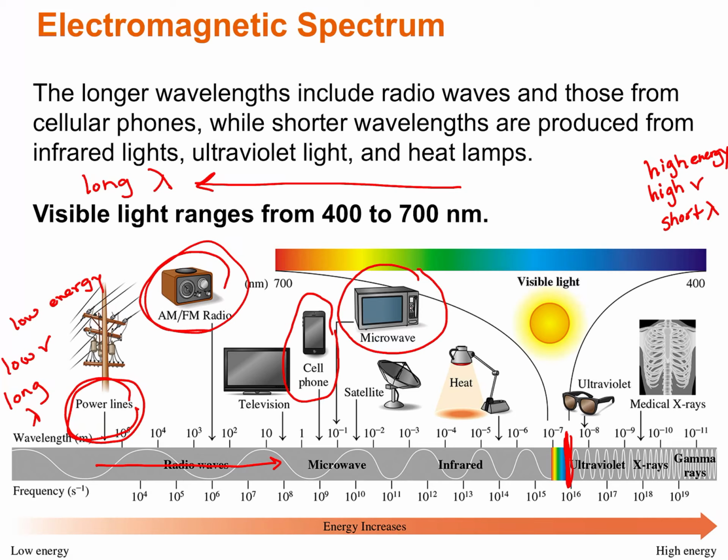Okay, so there's nothing hazardous about your cell phone or your microwave because the wavelength is so long that it can't damage your cells.